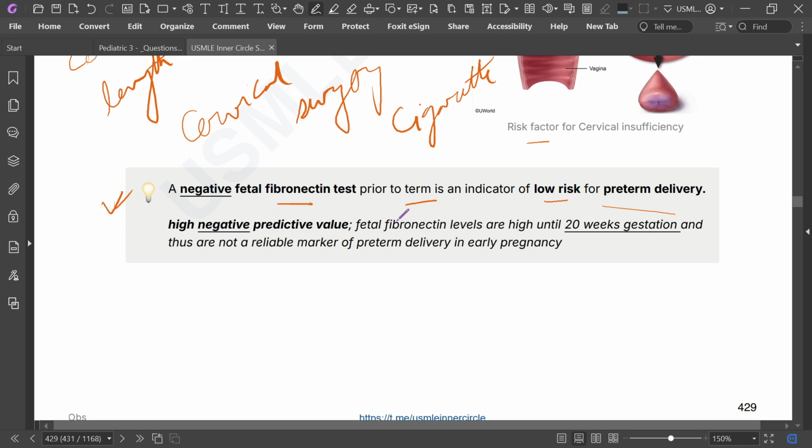Fetal fibronectin levels are high up until 20 weeks of gestation, and thus are not a reliable marker of preterm delivery in early pregnancy. But if it is done just prior to birth, it is an indicator of low risk of preterm delivery.